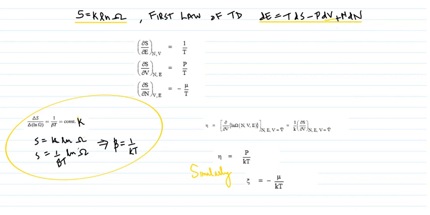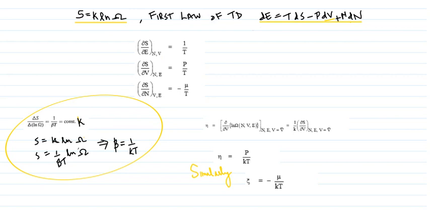Let us say that N and V are constants, then this term will be cancelled and this term will be cancelled, and you will get dou S by dou E at constant N and V equal to 1 by T, right?